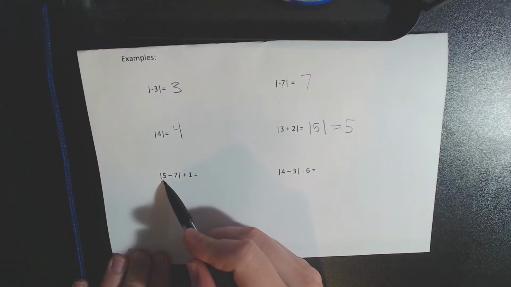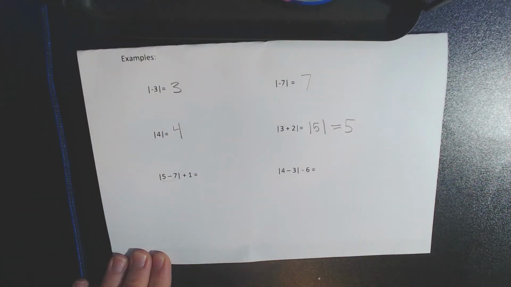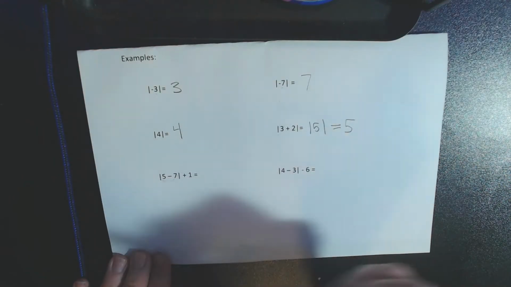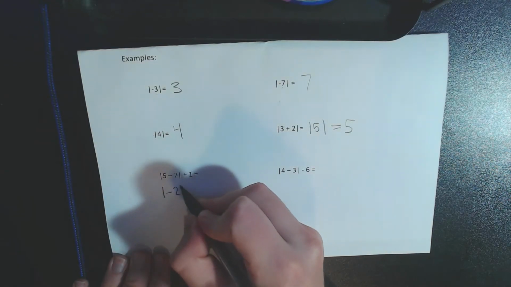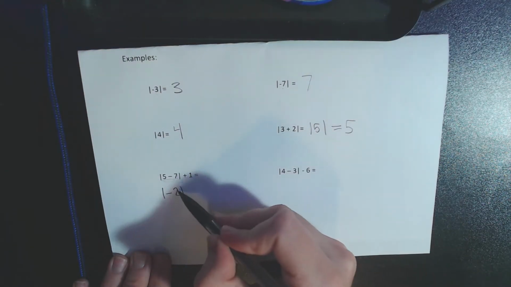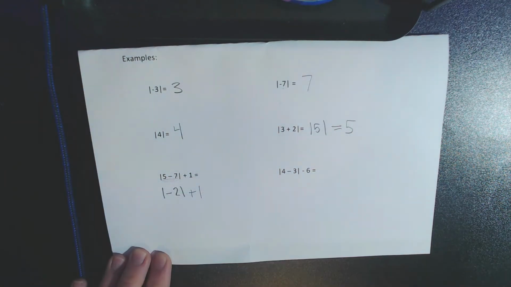What we're going to do first is what's inside, just like with parentheses. So we're going to do 5 minus 7 first. That gives us negative 2. That whole part right there is just negative 2. It's still inside the absolute value. Okay, negative 2 plus 1.